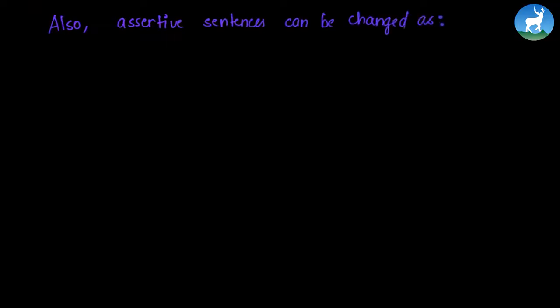We can also change the reporting verbs while converting a sentence from direct speech to indirect speech. The reporting verb say can be changed to tell, and the reporting verb said can be changed to told. Also, we have some rules to change an assertive sentence from direct to indirect form. First, we remove the quotation marks.